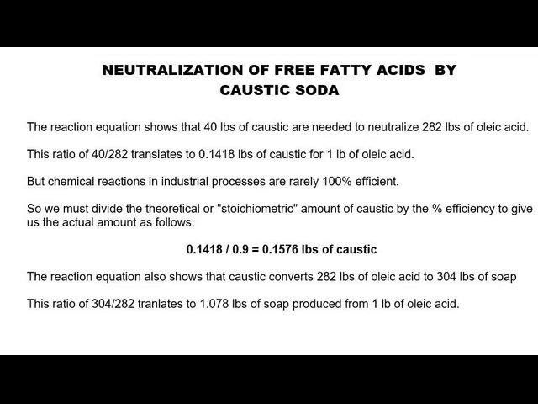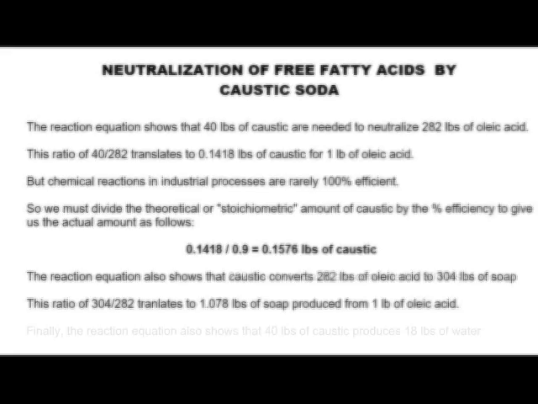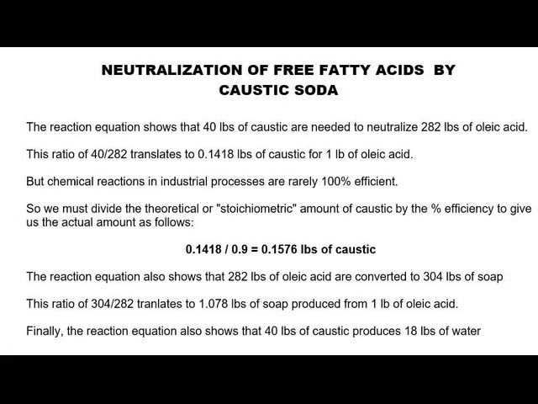This ratio of 304 to 282 translates to 1.078 pounds of soap produced from 1 pound of oleic acid. We can use this ratio to determine the amount of soap produced in our unit operation. Finally, the reaction equation also shows that 40 pounds of caustic produces 18 pounds of water. So we can use this relationship to determine the amount of water created by the reaction.